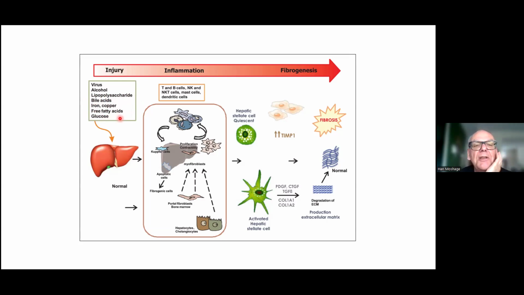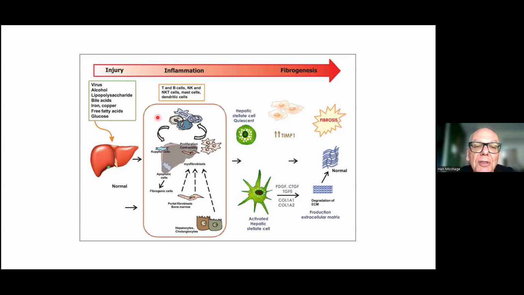Now, what happens in all these cases of injury is that you get an inflammatory response in the liver. And an inflammatory response means that your inflammatory and immune cells become activated. So the Kupffer cells, the macrophages of the liver, become activated and they start releasing toxic components like reactive oxygen species and inflammatory cytokines that act on the neighboring cells, for example, the hepatocytes and the stellate cells.